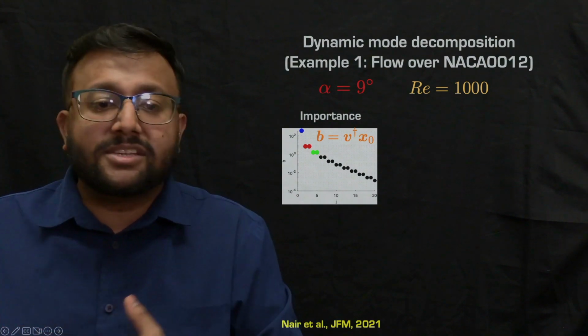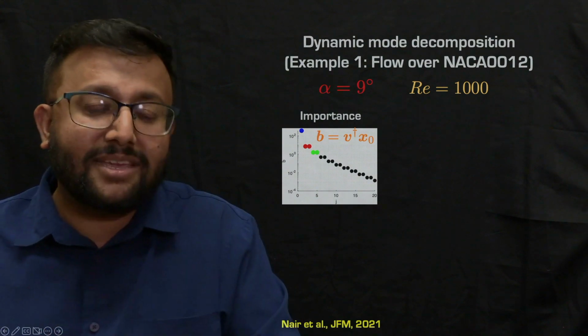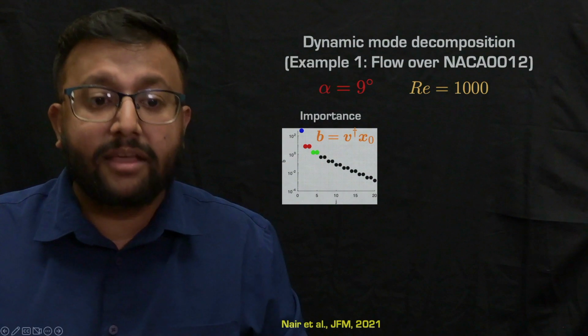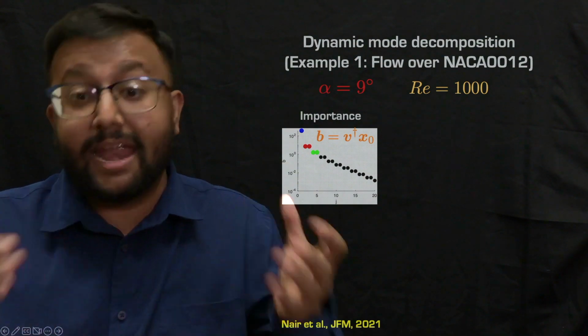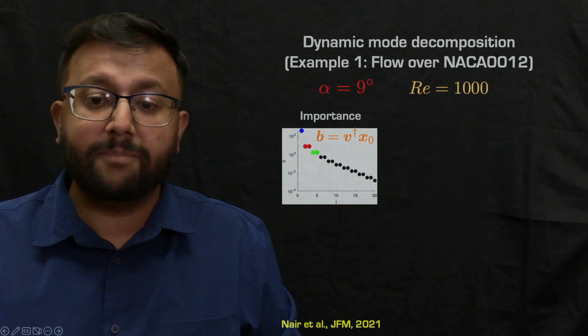And you can even see the same structure on a log scale, where mode number 20 has very little dynamic importance compared to the red and the green modes, essentially.